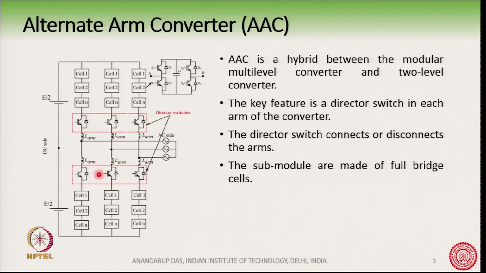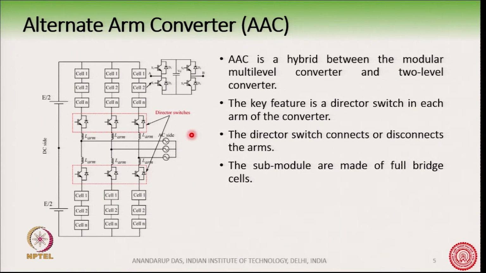However, there is an additional component here which is called the director switch. In this figure we have shown the director switch to be a single IGBT, but in practice it is basically a series connection of several IGBTs.